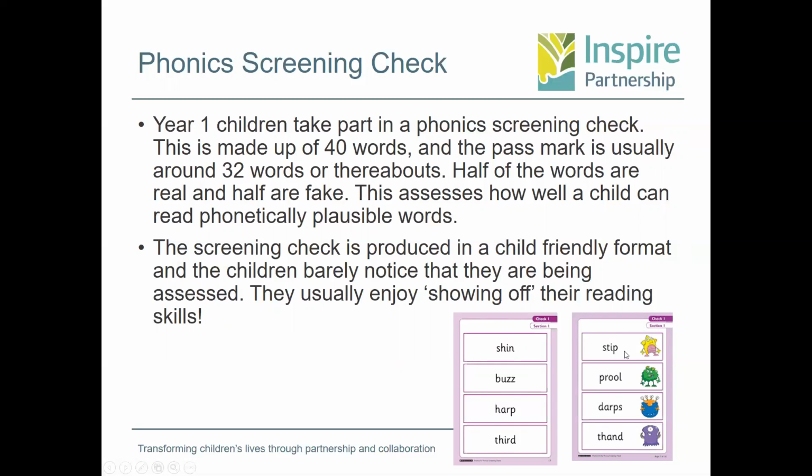So the children begin to identify how they would know whether a word is not real, and then begin to apply their knowledge of how to read the real words to reading the fake words. It assesses how well a child can read a phonetically plausible word, how well they can read by sounding out, basically. The screening check is produced in a child-friendly format, and the children barely notice that they're even being assessed. They usually enjoy just showing off their reading skills, and they love to read these to the teachers.